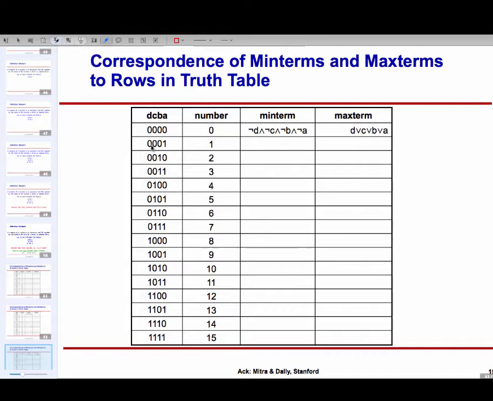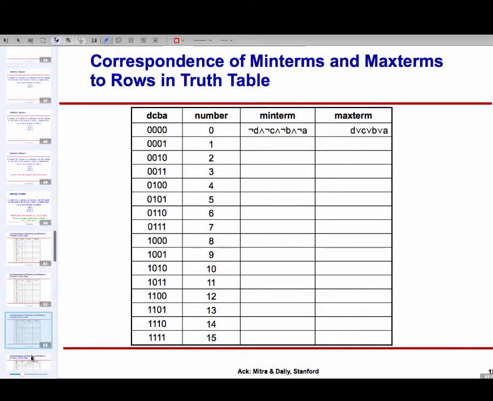If you look at 0, 0, 0, 1, that corresponds to the minterm, not D, not C, not B, but since A is 1, so it would be AND A. So we'll see this term, not D, not C, not B, and A. What do you think will happen to the max term here? What would be the corresponding max term?